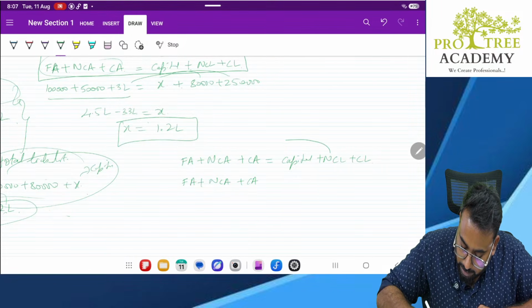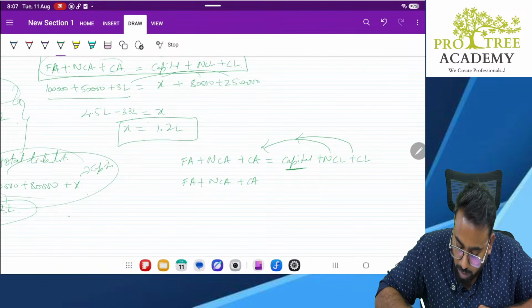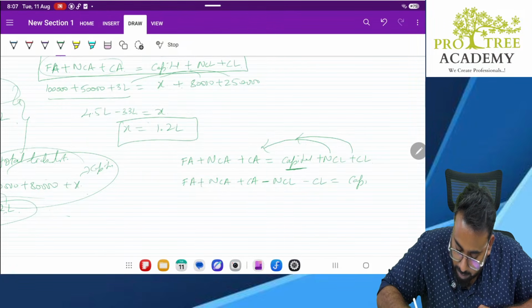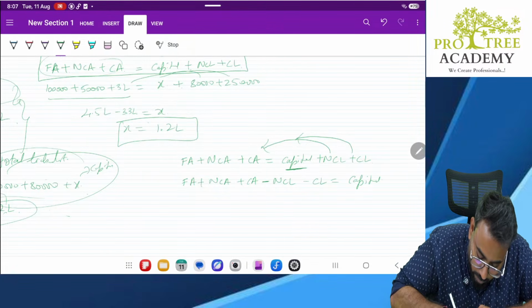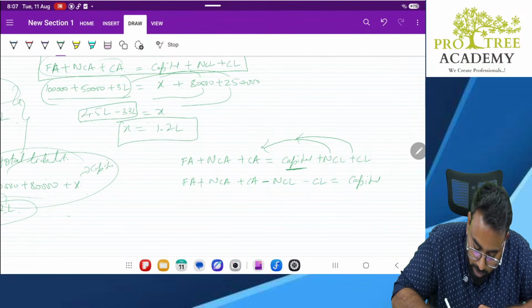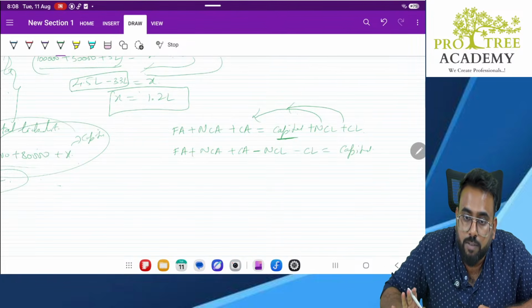If I take this here and this also here, because we want to find out capital, no? So I will take these two here: minus non-current liability minus current liability is equal to capital. That is what we have done here, no? We took this and these two items came on the other side. Correct? Yes? Everybody is following?